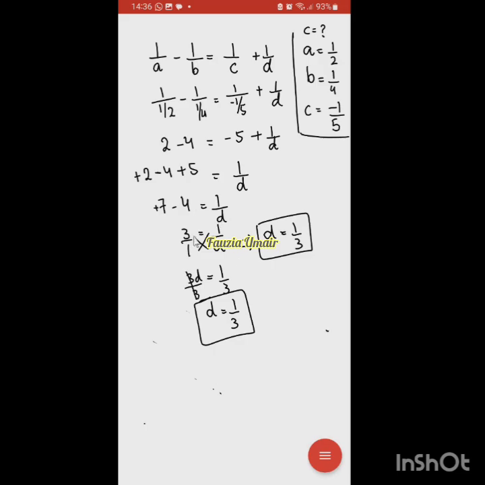So same is the case here. If I have taken the reciprocal, ताकि मुझे d की value मिल जाए, then I need to take the reciprocal of the left side also. Okay, so d is equal to 1 by 3. Right? So is this clear? Yes, ma'am. All right.